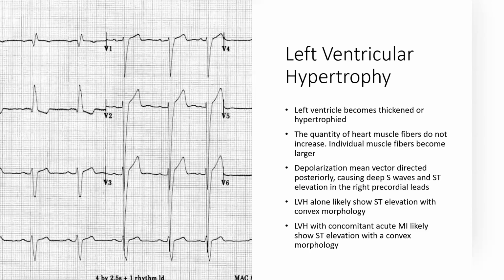If you see really deep S waves, which is what these things are, so your QRS complex is negatively deflected and it's almost touching or actually going into the other leads, be suspicious of either a left bundle branch block or left ventricular hypertrophy. Because if it's really deep, you're generally going to expect it to be elevated when it comes to the repolarization phase. Left ventricular hypertrophy essentially means that the heart muscle in the left ventricle is bigger.